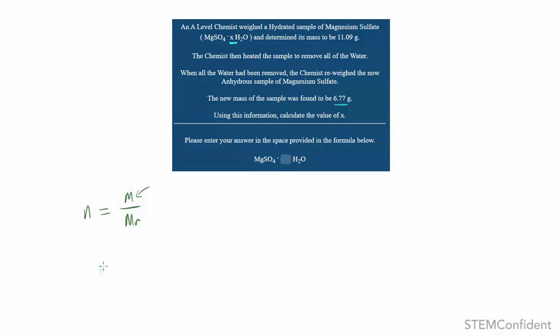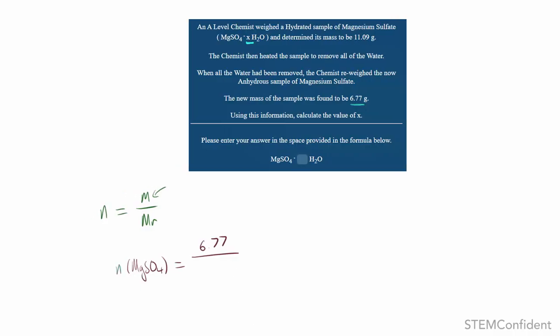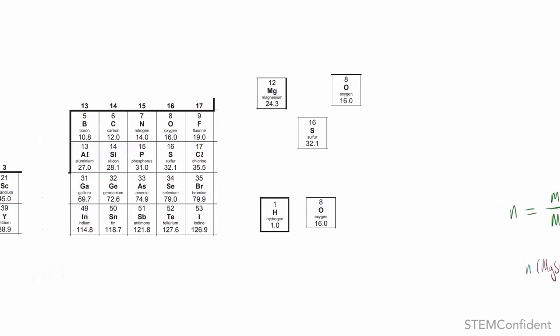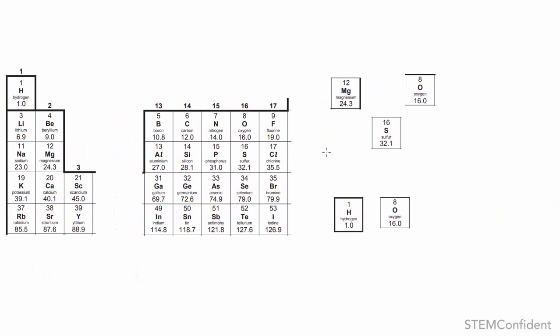So the number of moles for MgSO₄ is going to be equal to the mass, 6.77, and then we need to divide it by the molar mass. So let's work out what the molar mass is going to be there. We're going to use the periodic table to work that out, right?